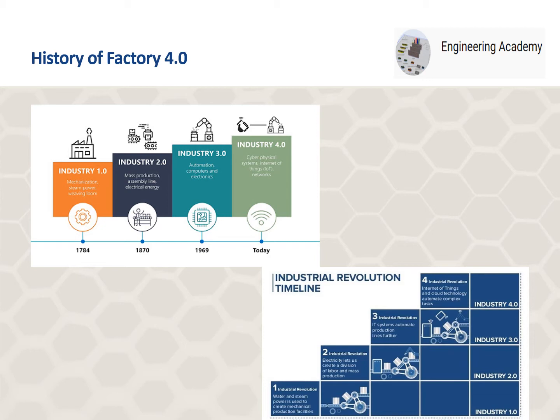Then we move on to a more automated approach in the sort of 1960s, 70s. And today we're starting to talk about Industry 4 and how everything talks to each other, and how we're getting data in real time, and how we're able to react to that data.